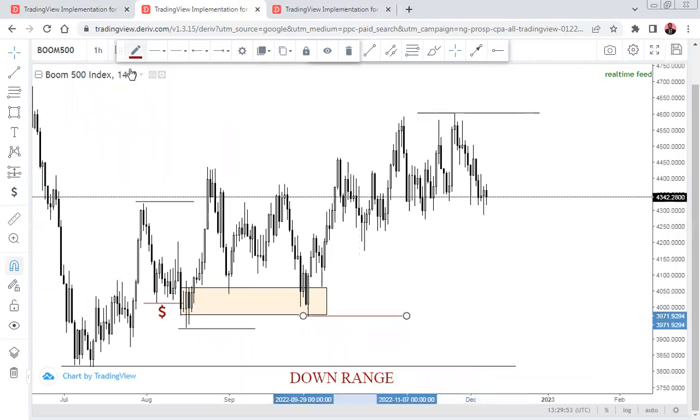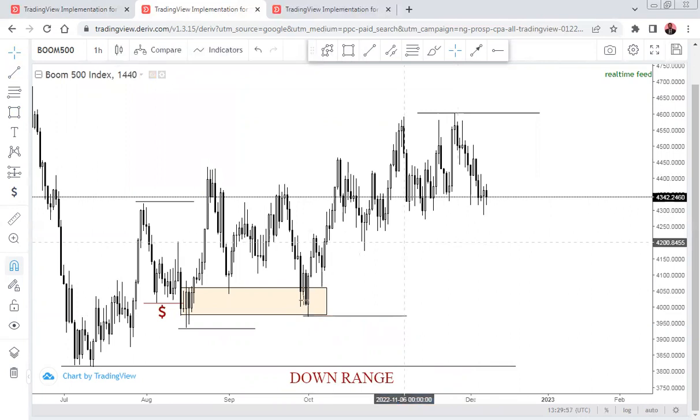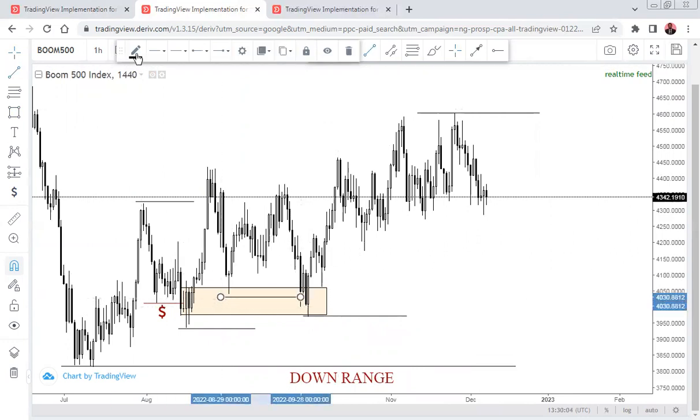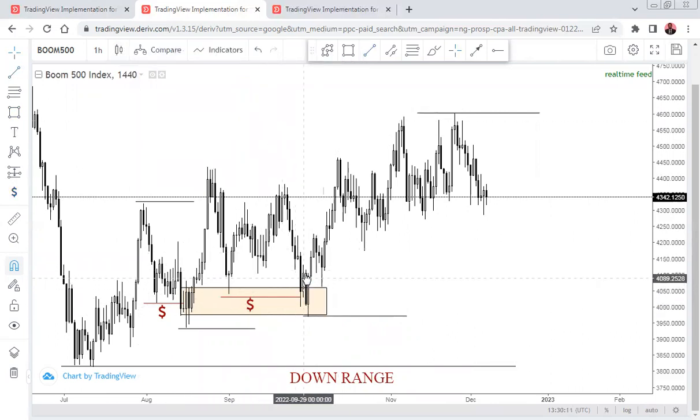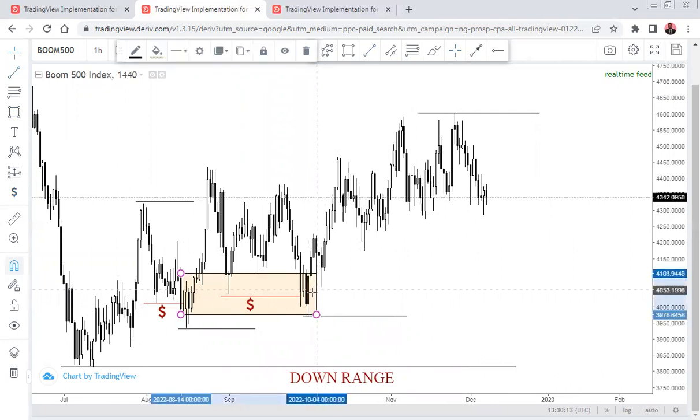So probably price should give us that move down, because you can clearly see this captured liquidity within this zone. There's also a liquidity sweep around that zone. Price captured this liquidity that was here, and this is the candle.